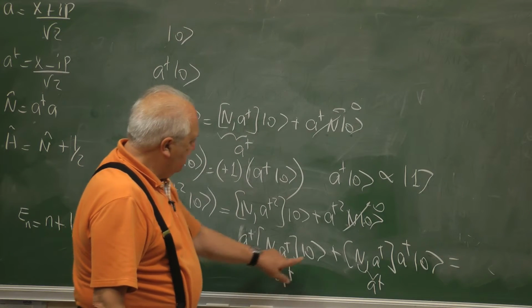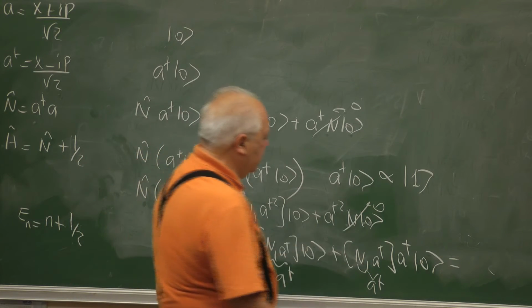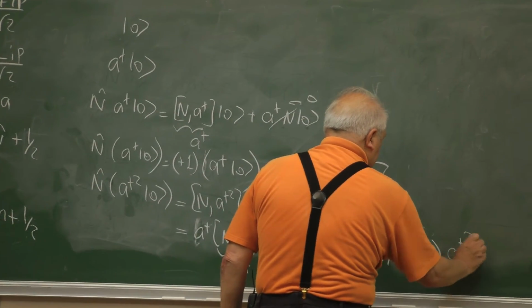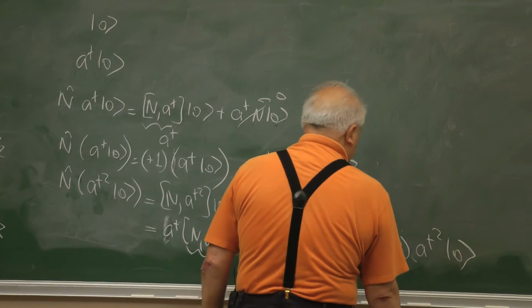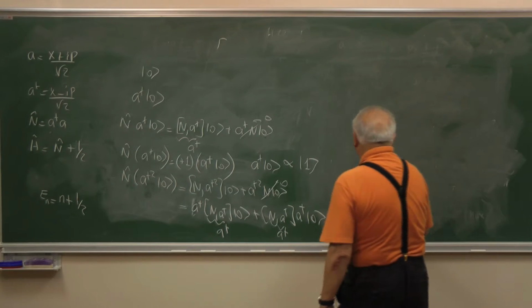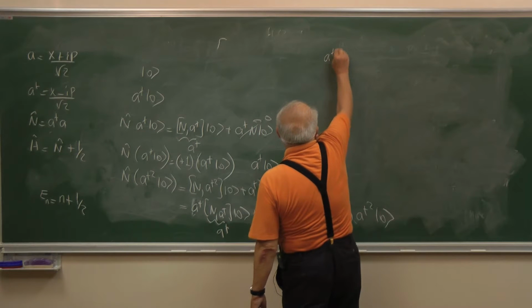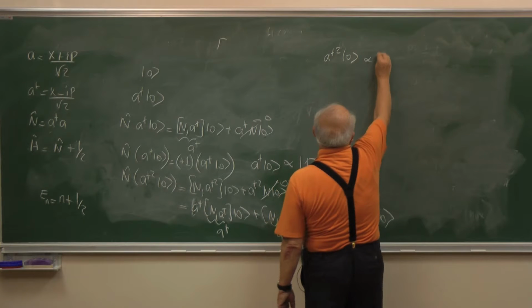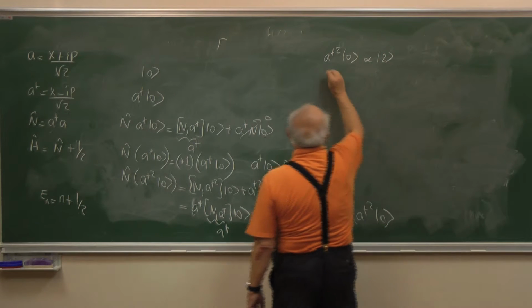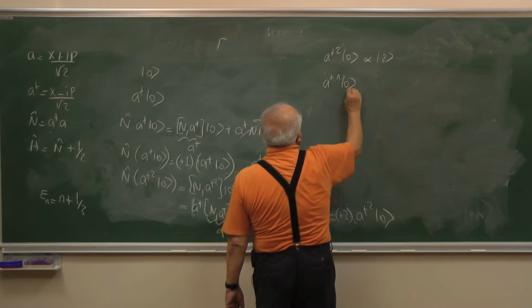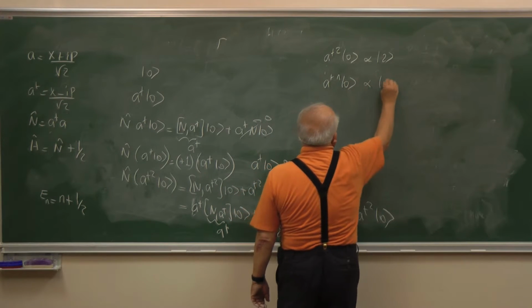So this is a dagger square 0, a dagger square 0, so it is plus 2 times a dagger square 0. So a dagger square 0 is proportional to 2. Clearly, a dagger n 0 is proportional to n.